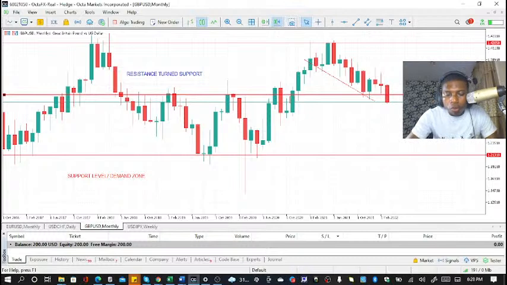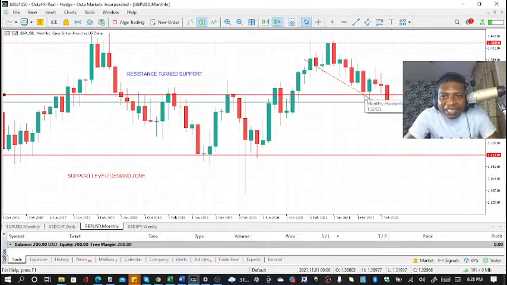All right. So we can see price reject at this level, right? Price came down to this level, but because this level was a resistance turned support, price rejected a bit, right?